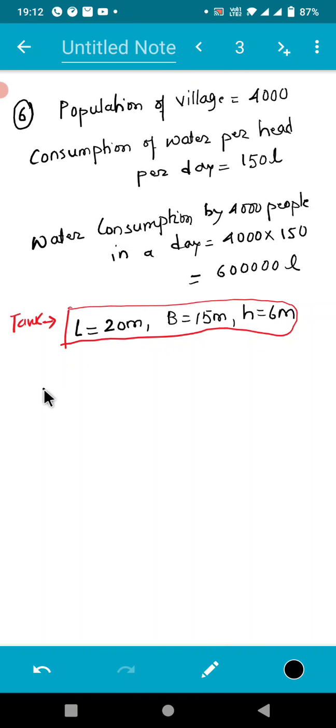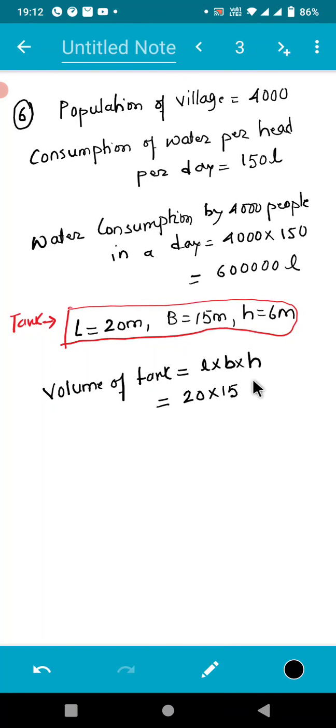We'll find out the volume of tank. As it is having a cuboidal shape, we'll apply the formula of cuboid. So that would be length into breadth into height, and that would be 20 into 15 into 6 meter cube. So if you multiply all this, then you will get the answer as 1800 meter cube.